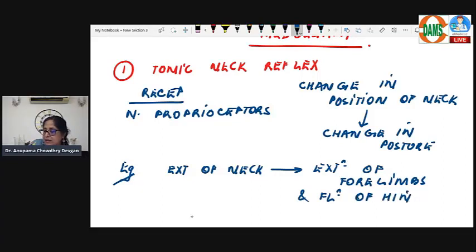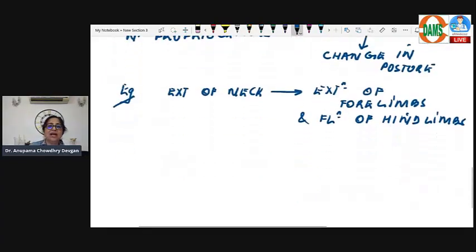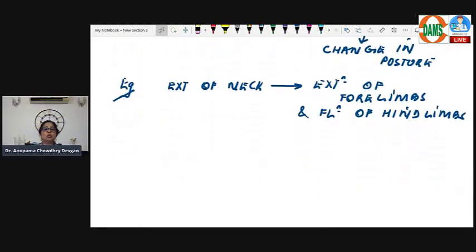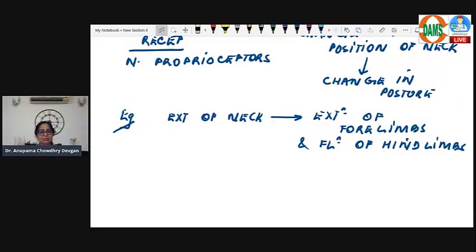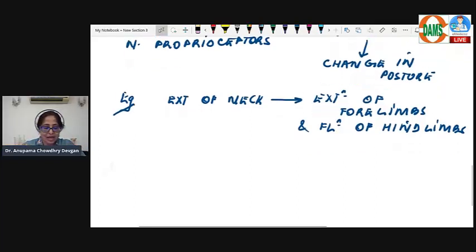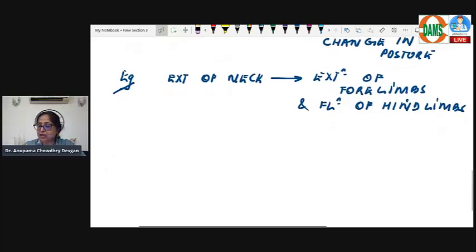That is a tonic neck reflex. What are the receptors for the tonic neck reflex? The neck proprioceptors. Whenever there is a change in the position of the neck, there is a change in posture. Have you understood?